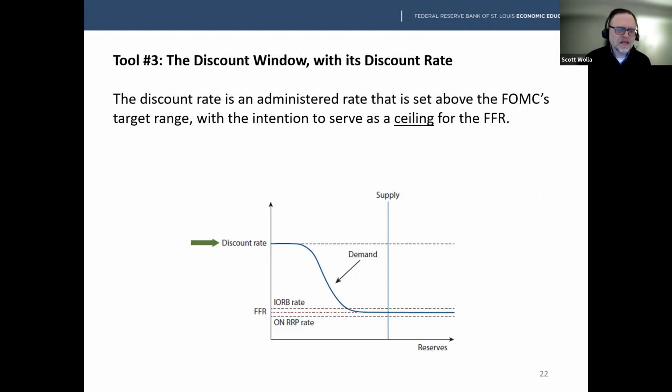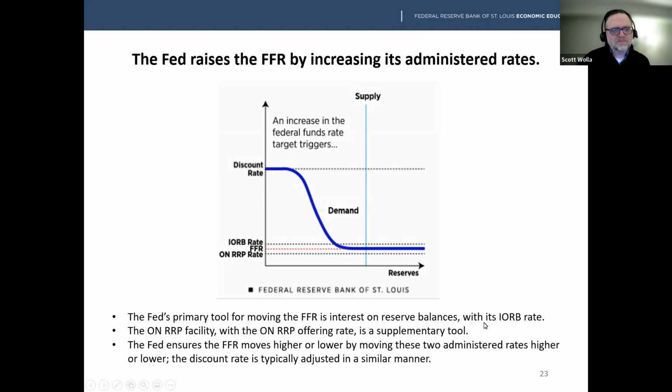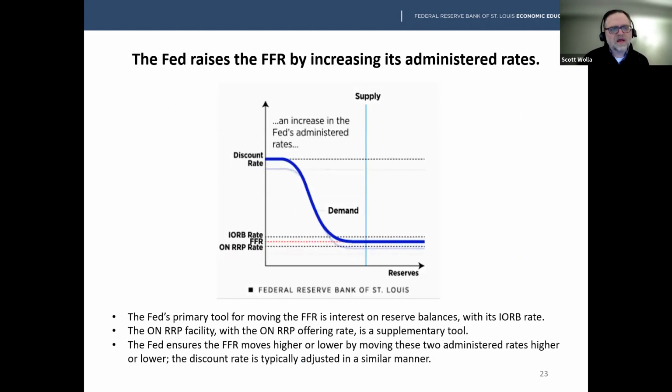So the discount rate acts as a ceiling, and by moving these rates together, the interest on reserve balances rate, the overnight reverse repurchase agreement rate, and the discount rate, these three tools guide the federal funds rate. And this is what it looks like in practice. This is another animated graph. The defining feature here: notice that the supply curve isn't moving at all.